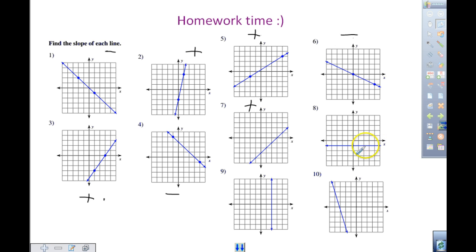Which one is it? 0. 0 slope. Number 9? Up and down is? Undefined. And 10 is? Negative, going down. So you should know the sign of your answer like that. Just picture something going uphill, downhill. It's always from left to right.